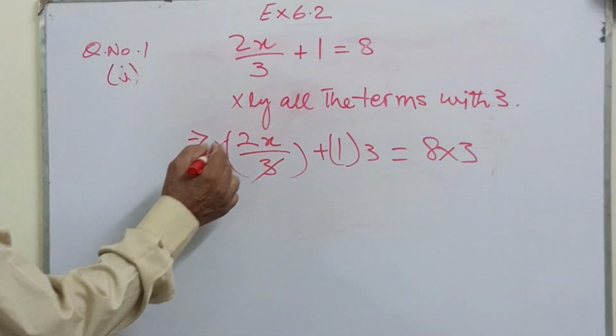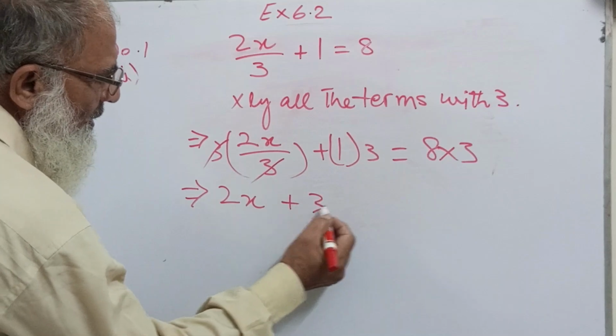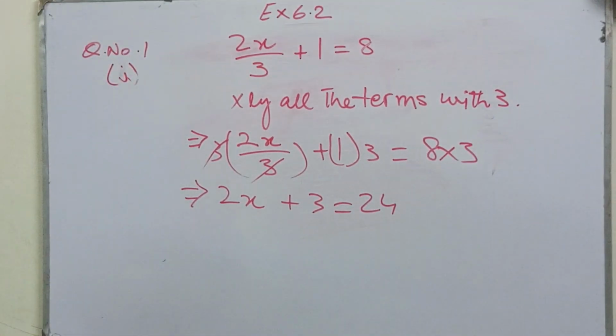Now this has cancelled. It will become 2x plus 3 is equal to 24. The rest is the same. You can do it by yourself.